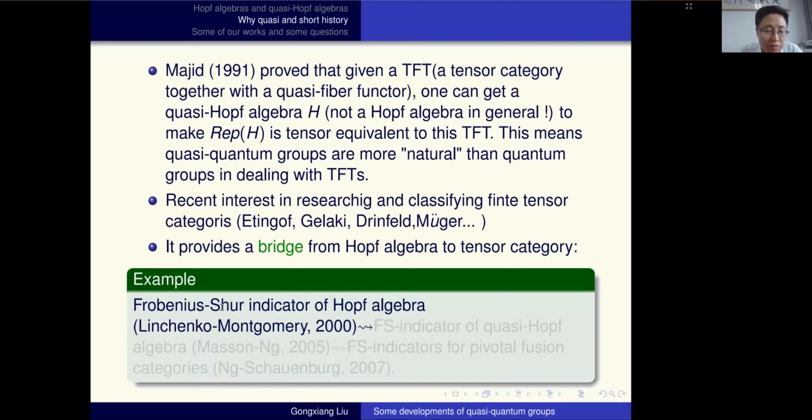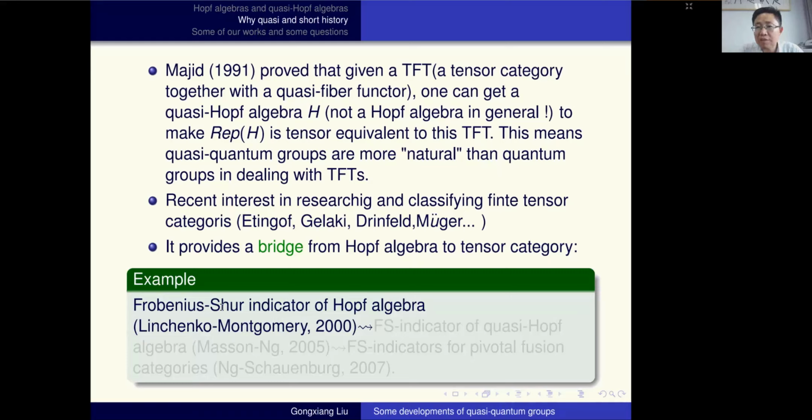We know that for a standard setting, you want to consider an irreducible complex representation and ask when such a representation is a real representation. You can find that the character being real is not enough to make this representation really a real representation. So it needs another invariant. This invariant is called the Frobenius-Schur indicator.